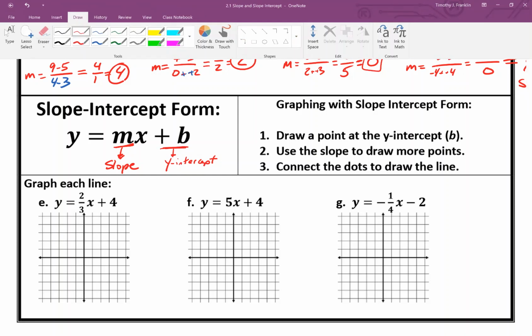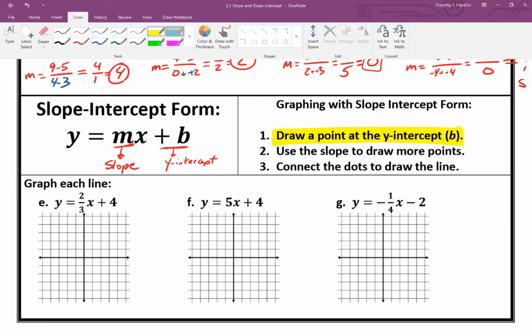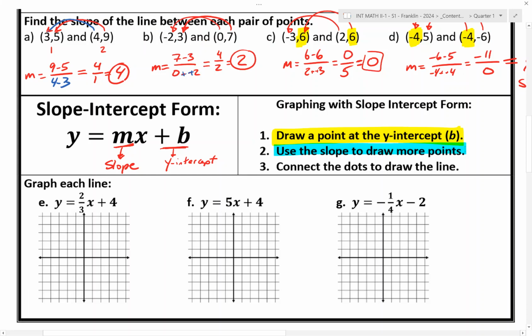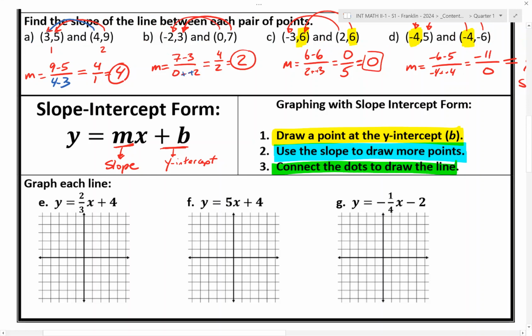And so the process here to graph a line in slope-intercept form, first you draw a point at the y-intercept. So whatever the b value is, you put that on the graph on the y-axis. Then we use the slope to draw more points, and we'll show you how to do that in a minute. And then simply connect the dots to draw your line. Very simple once you get the hang of it, especially if they're already in slope-intercept form. Very easy to graph a line from this.